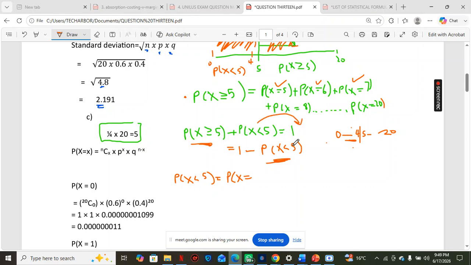Okay. So now what we're focusing on is getting the probability that less than five students prefer working in the banking industry.